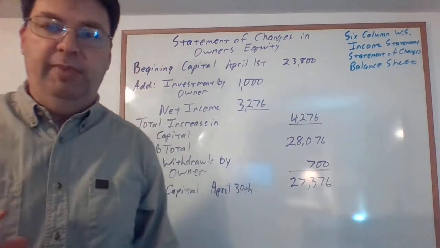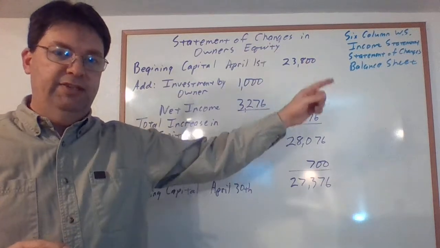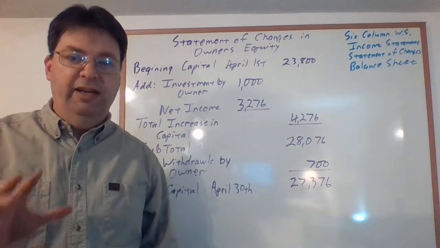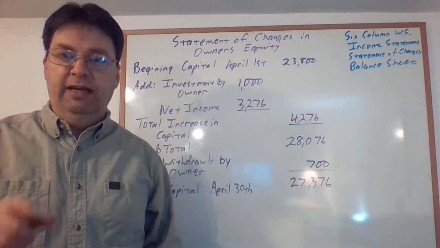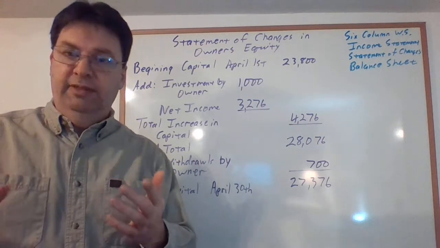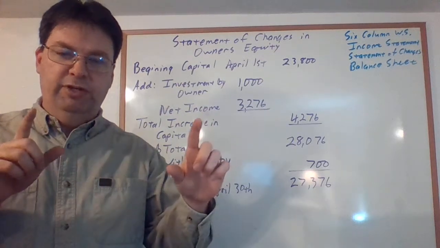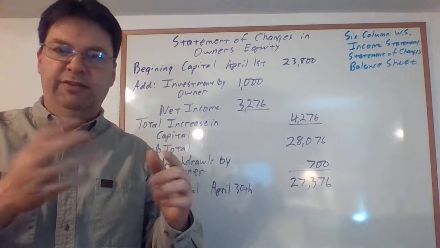Now you got to remember, in my last video I told you that for Chapter 9 we're doing these things in such a way that non-accountant people can actually understand what's going on. Because you have experience as accountants now, you understand that you could read a 6-column worksheet and you'd be like, yeah, I get all this and I understand it.